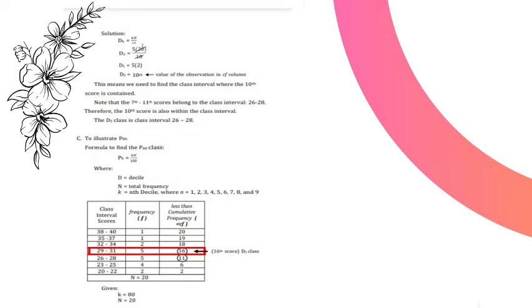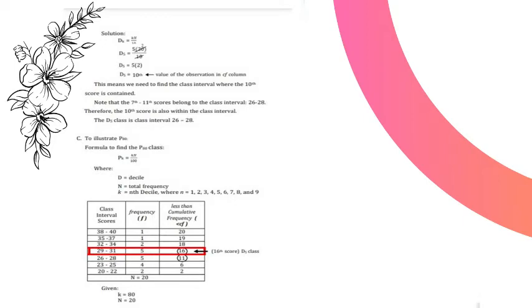Looking at the slide, for D5, substituting the values, k is replaced by 5 and n by 20, divided by 10. So D5 is equal to 5 times 20 over 10, and D5 is equal to 5 times 2.